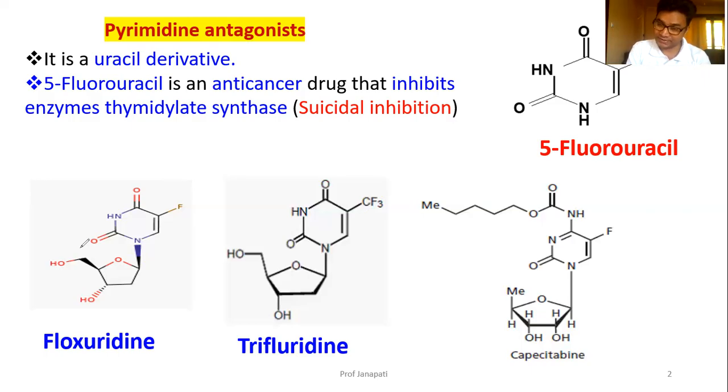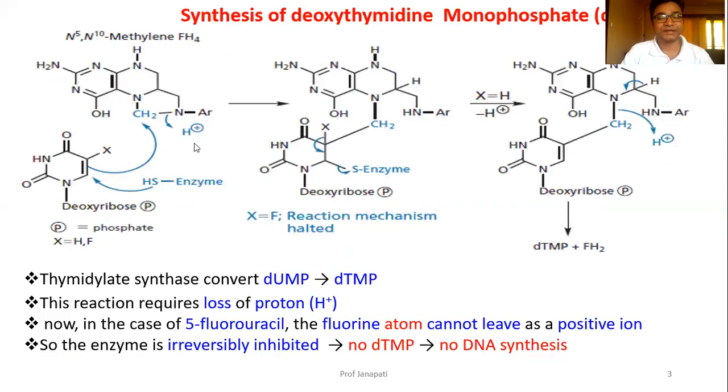So they are prodrugs. Let us see. First, as we learned, these drugs are thymidylate synthase blockers. You can see this with the help of this diagram from the Graham Patrick textbook.